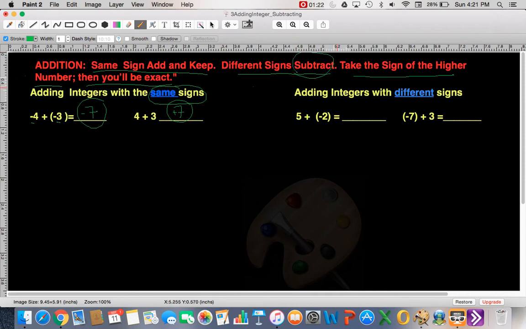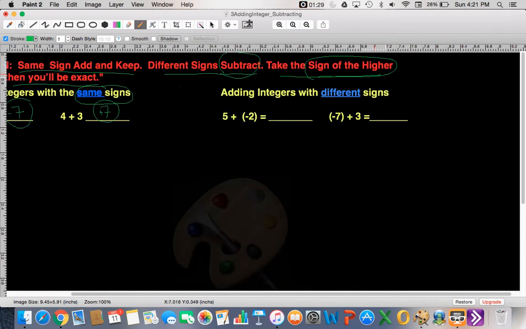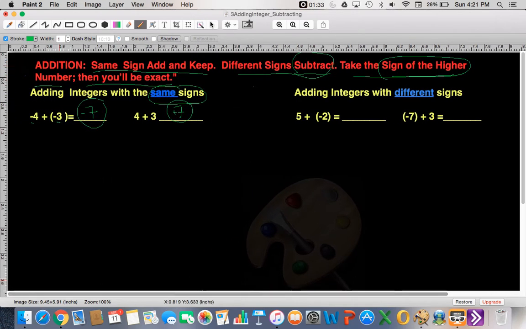And when you subtract, you take the sign of the higher number and make sure that would be your symbol. So let's say this one, you try to determine first if both have the same signs. Here you got +5 and you got -2, and you're adding.